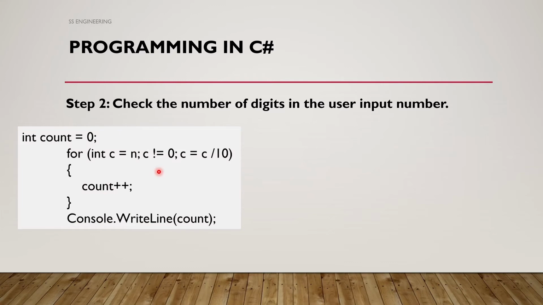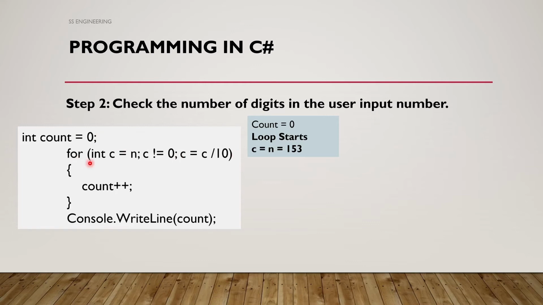How can we do that? So here's a simple piece of code. I'm going to walk you through this loop. We're using a for loop. We initiate the count equal to 0 first, and then our loop starts.